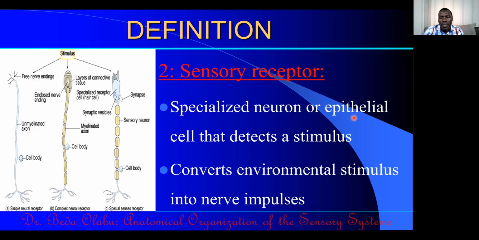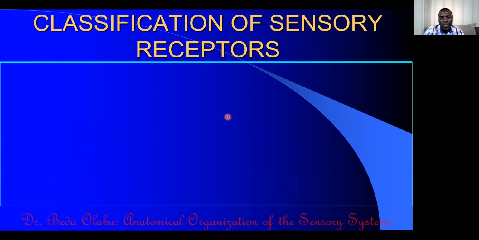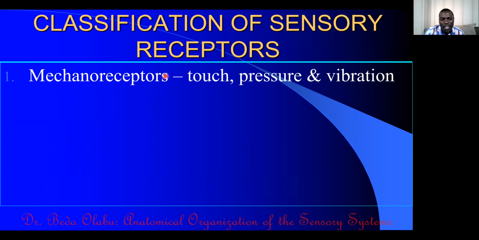We classify sensory receptors based on the type of environmental energy that stimulate them. The ones which are stimulated by mechanical energy are therefore called mechanoreceptors. So it means that they convert the mechanical energy into nerve impulses.